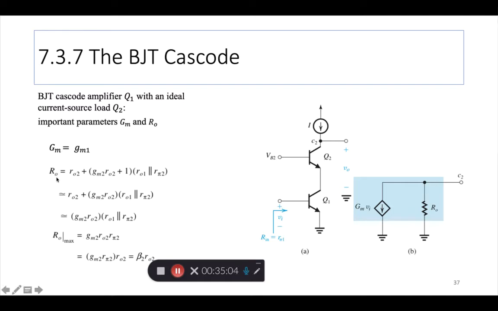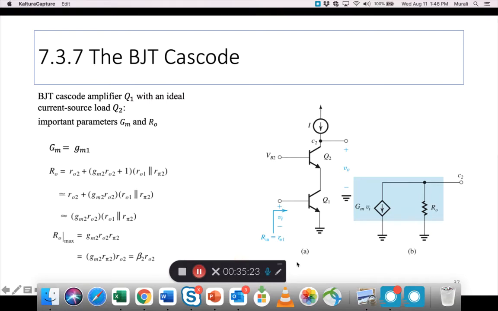So your RO, which may just have been a plain small ro or ro1, now becomes this factor. So in theory, you're definitely increasing the resistance, and hopefully you will get the benefit of the gain also.